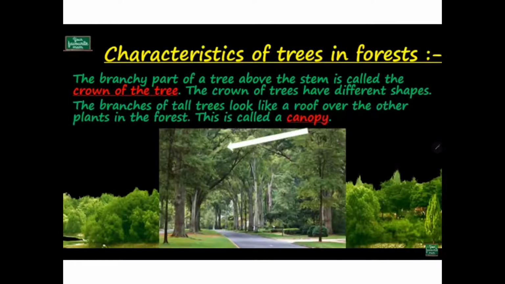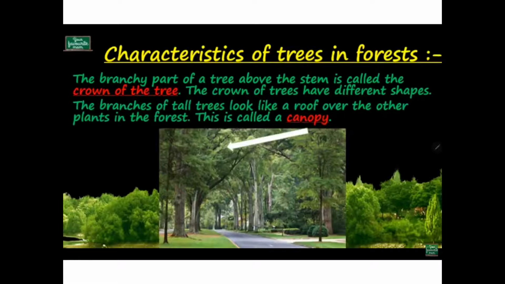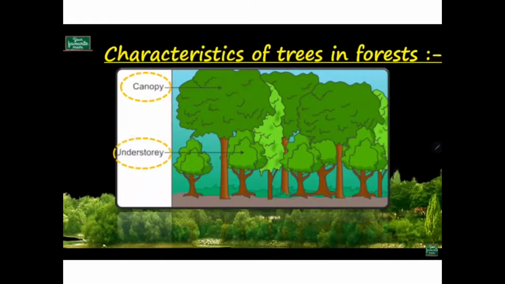The trees grow on the left side and right side, and when they grow tall, their branches form a roof over the other plants. One tree forming a roof over the other plants is called the canopy. Here I am showing you in the picture: these are trees, they have big branches above and they form something like a roof. We call this the canopy.